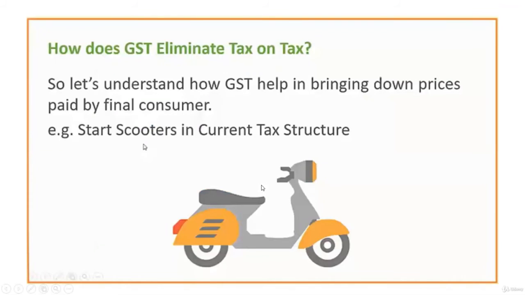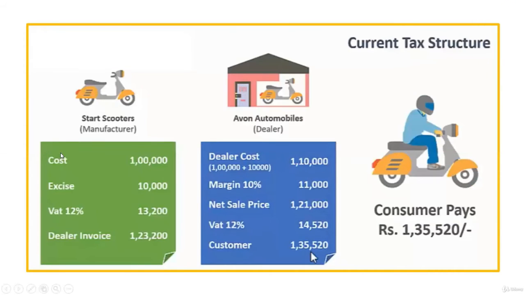Now, let's take an example. How does GST eliminate tax on tax? Let's understand with the help of an example of Start Scooters. Here, Start Scooters manufactures the scooter and the cost comes to 1 lakh rupees.